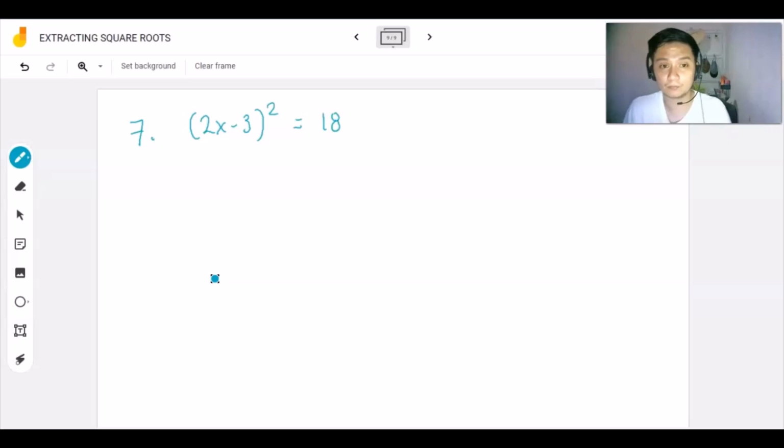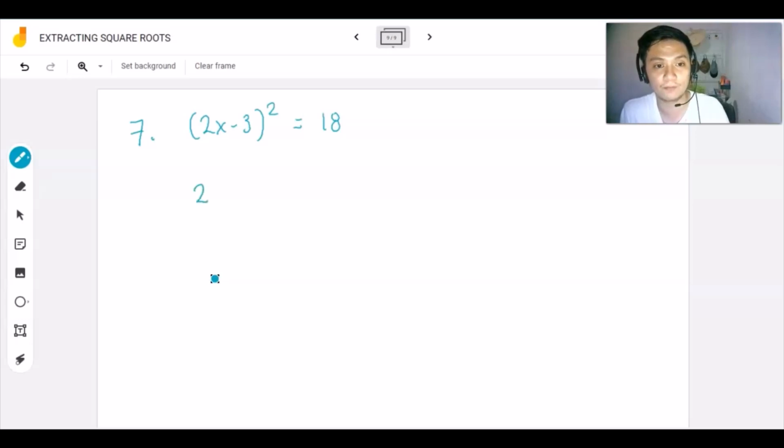So again, ang naiba lang dito is yung nire-represent ng x this time ay isa ng binomial. So we can still apply yung ating square root property pag ganitong the coefficient of the binomial is just 1, meaning walang nakasulat. And then on the right side is just a constant. So we can go ahead and apply square root property agad.